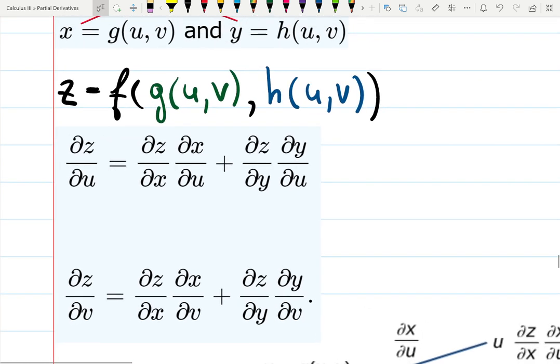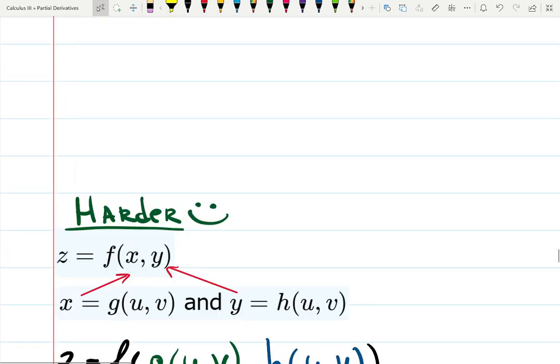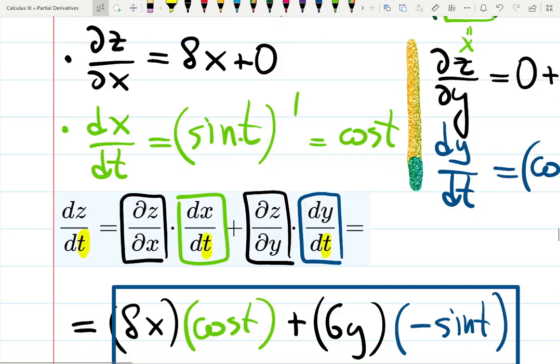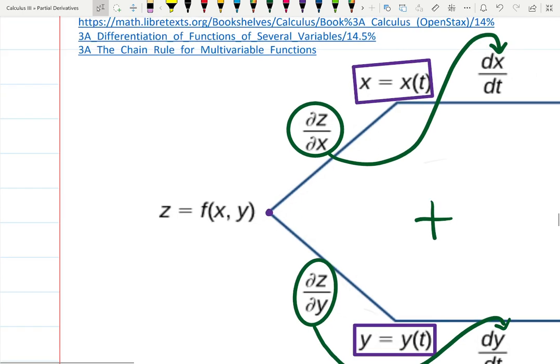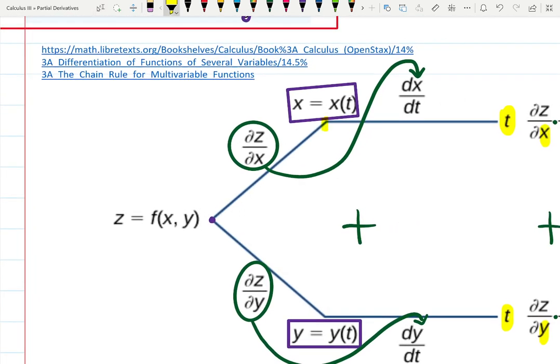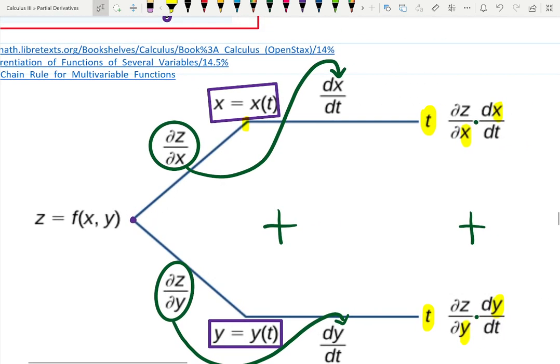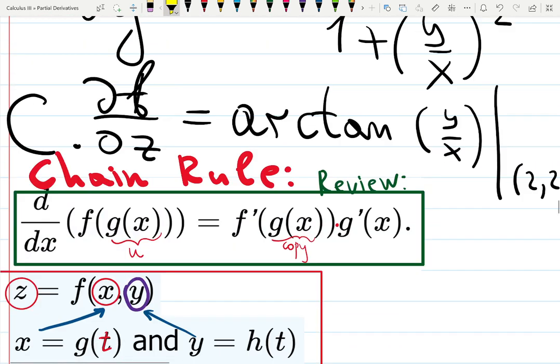The thing is, I can ask to dig into different locations of the diagram. In the previous diagram, I wanted to mention this: I could actually stop over here, to be honest. We don't always need to dig into the very last variable t. Sometimes I just want to find the derivative with respect to x and be done with this. Then it's exactly what we did right at the beginning of the class.